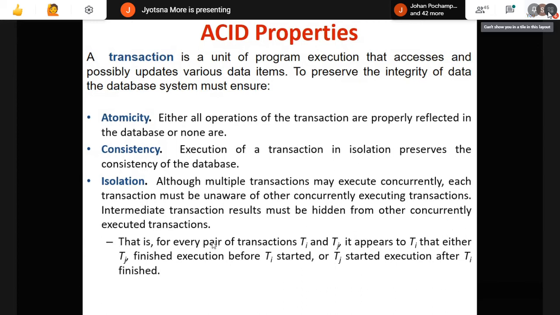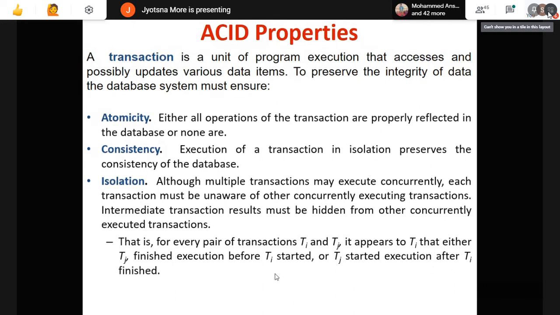So that is isolation. For every pair of transactions Ti and Tj, it appears to Ti that either Tj finished execution before Ti started or Tj started execution after Ti finished. Ti is one transaction, Tj is another transaction; both may have started simultaneously, but Ti will come to know that Tj started after finishing Ti, or Ti will come to know Tj finished just now.